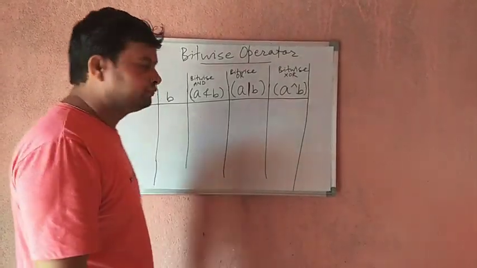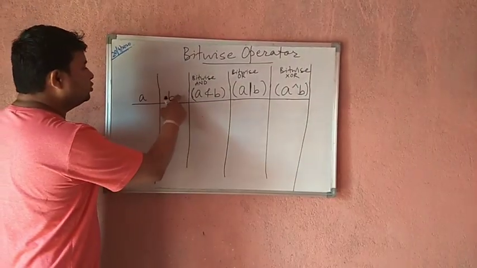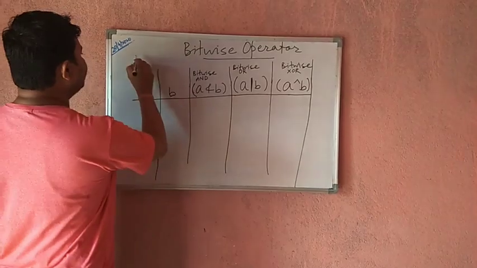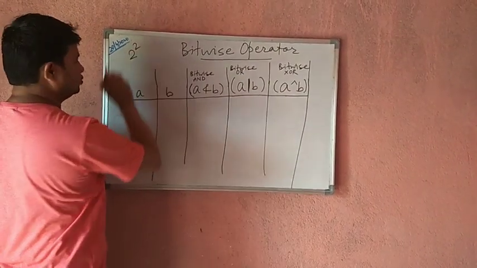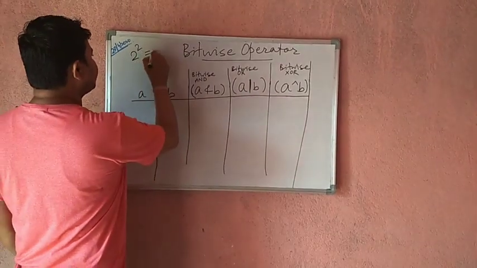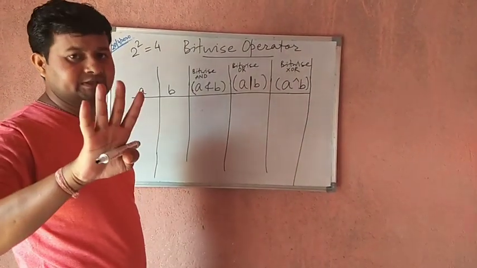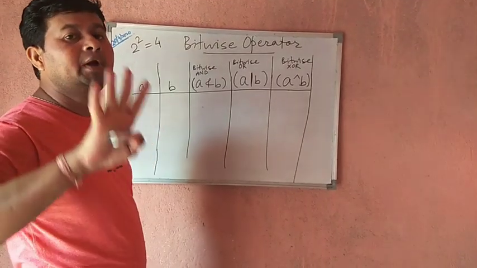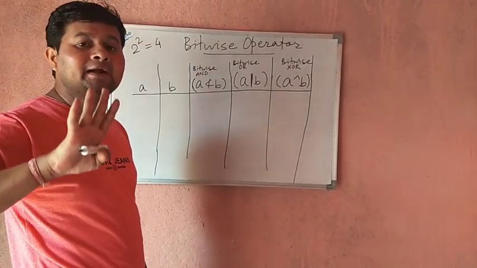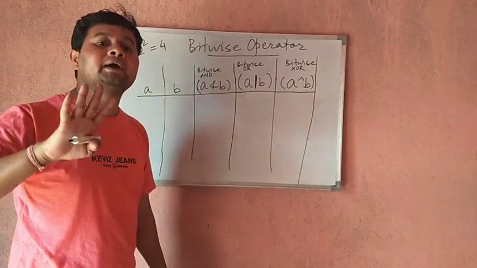First of all, we are talking about 2 inputs. 2 inputs means 2 to the power 2, which is 4. It means maximum we will have 4 separate combinations.